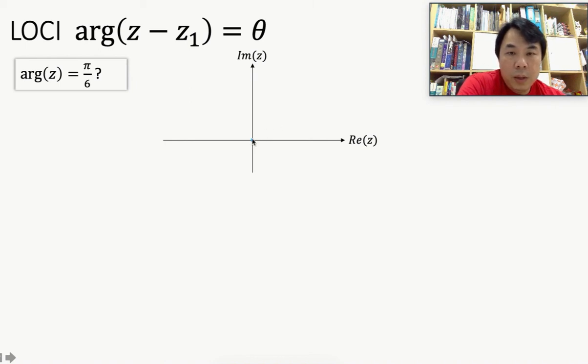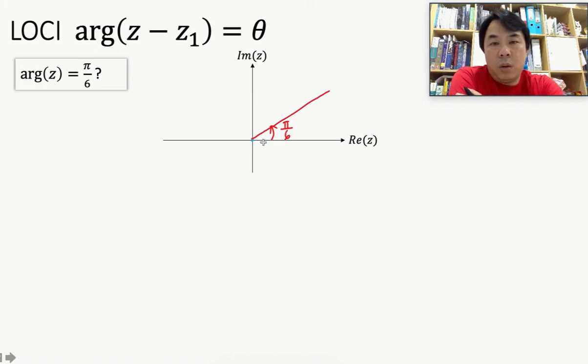So therefore it should look something like this. Pi over 6 here. And then the locus is basically a line that passes through the origin and makes an angle of pi over 6 there. Right. Now that will be the locus for this example here. So I hope that is clear.